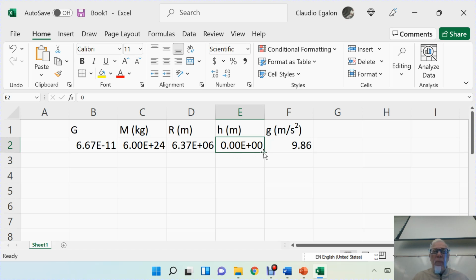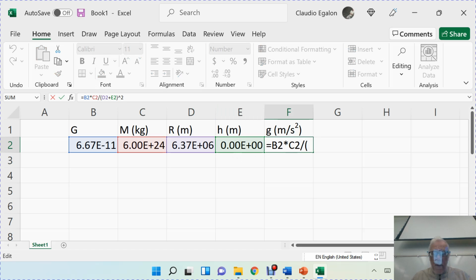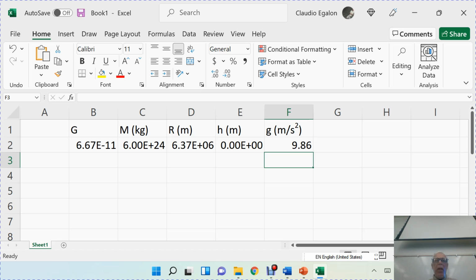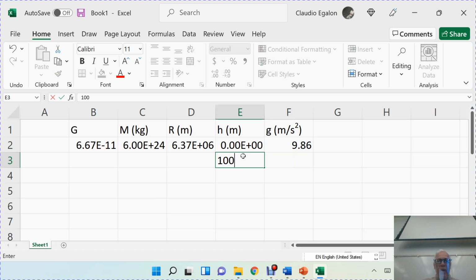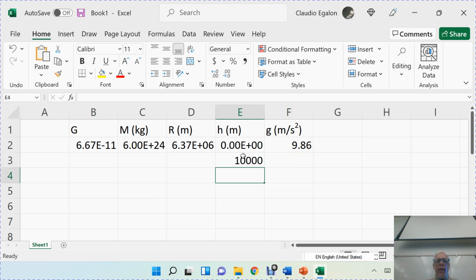And what else am I going to do? I've got to put a dollar sign here. I forgot to do that. There's a reason why I put a dollar sign here, but I don't put a dollar sign in the other one, in the E. So we are going to calculate the acceleration of gravity for every 10,000 meters.